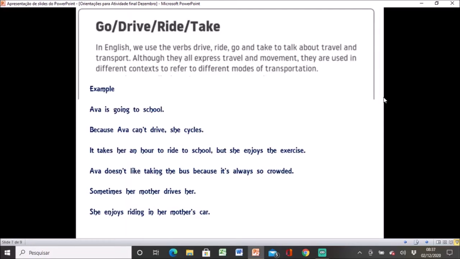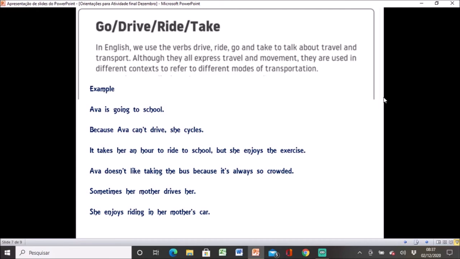Finally, we're talking about the verbs that we use with transportation. So, we have go, drive, ride, and take. In English, we use the verbs drive, ride, go, and take to talk about travel and transport.